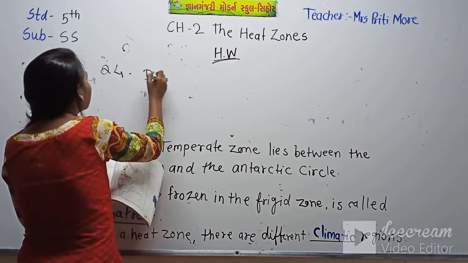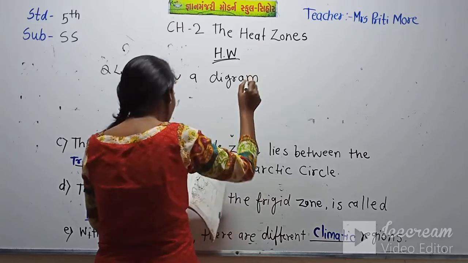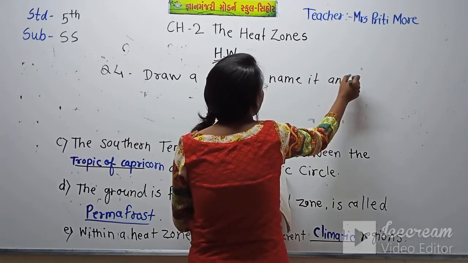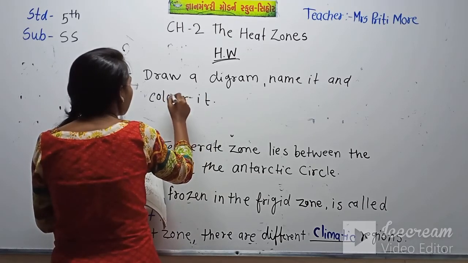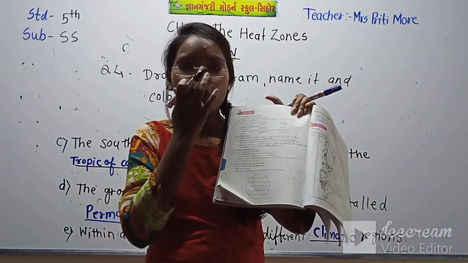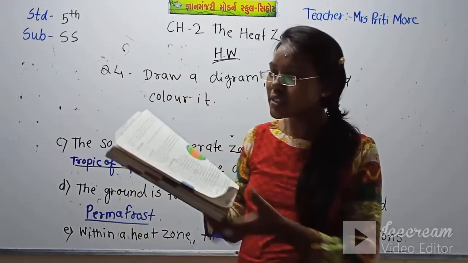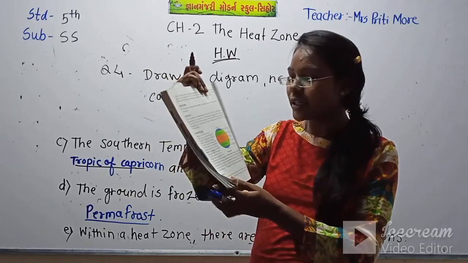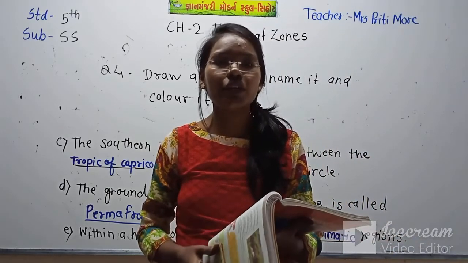Draw a diagram, name it and color it. You have to draw this diagram in your notebook and color it with the different zones: frigid zone in blue color, temperate zone in green color, torrid zone in orange color. This same diagram you have to draw in your notebook.